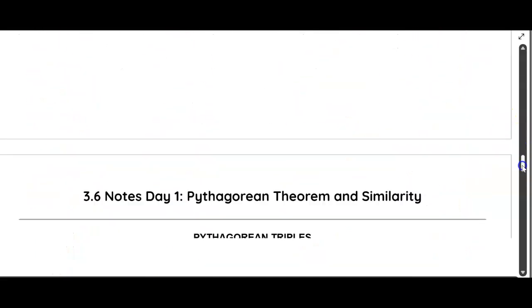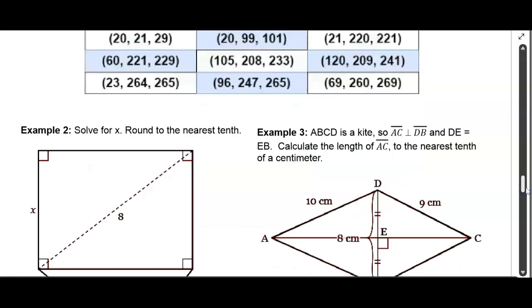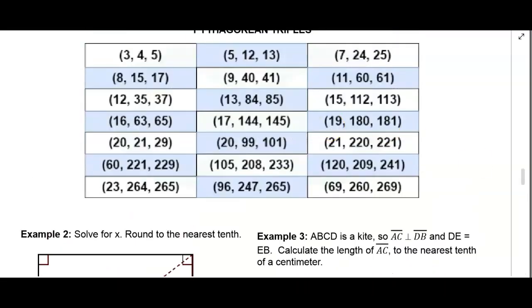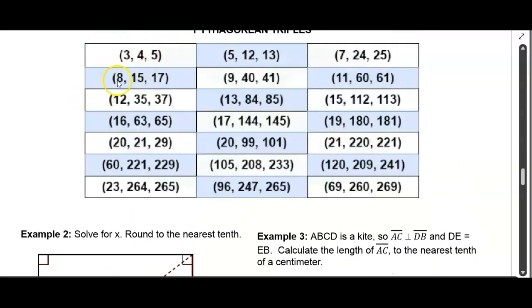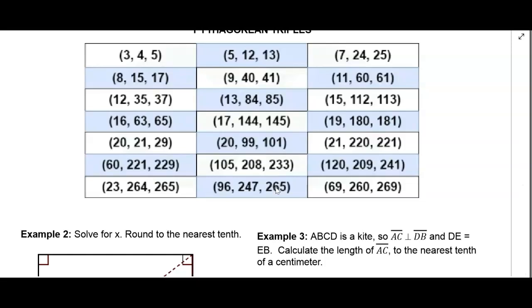Pythagorean triples are sides of a triangle that will always make a right triangle. For example, if you have a 3, 4, 5 triangle, it's a right triangle. If you have a triangle with sides 8, 15, 17, it's a right triangle. If you have a triangle with 9, 247, 256, it's a right triangle. Do you have to have these memorized? No. So for that reason, I'm just going to skip over Pythagorean triples.